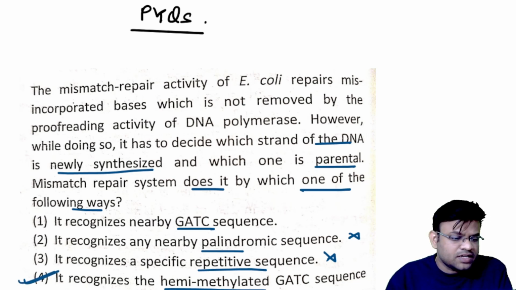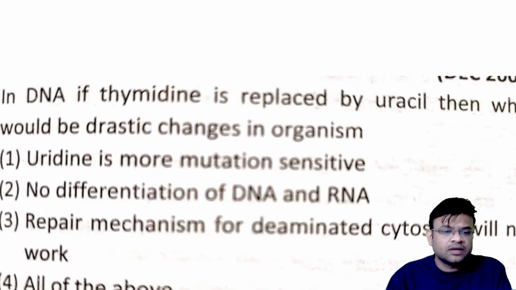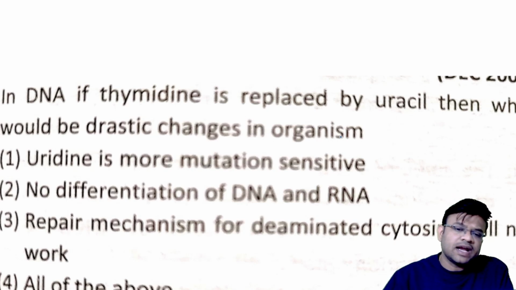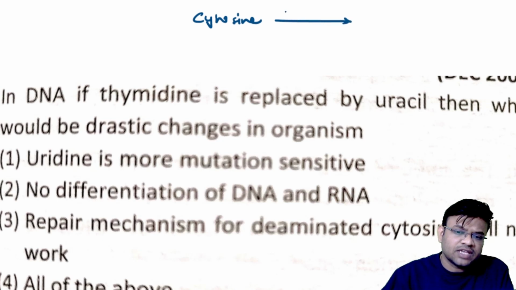Okay. Now let us move on to the next point. If thymidine is replaced by uracil, then what would be the drastic changes in the organism? Now, you should understand that cytosine, when it is deaminated, is just like uracil.